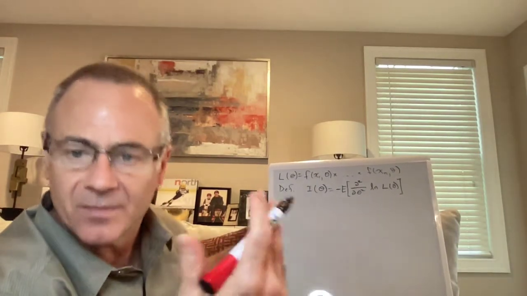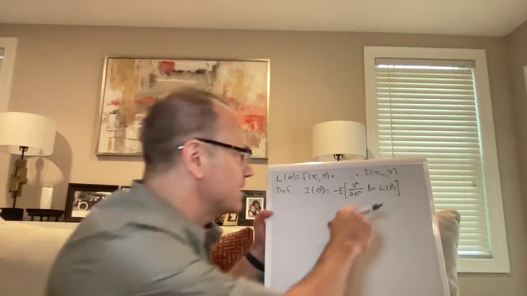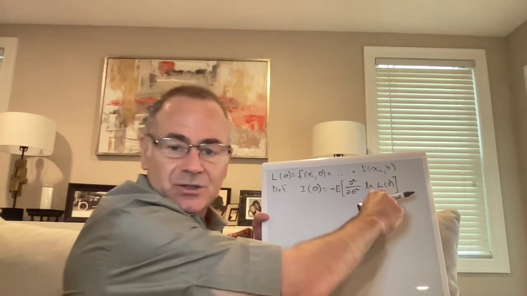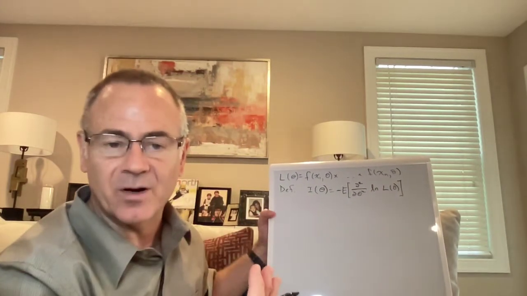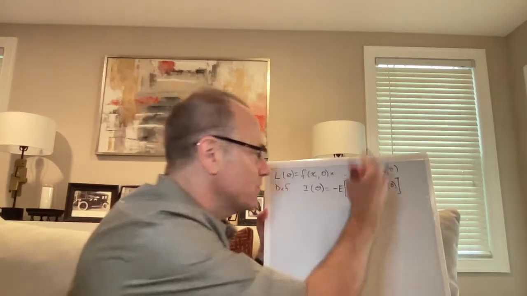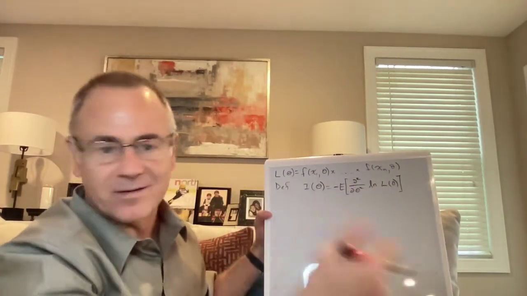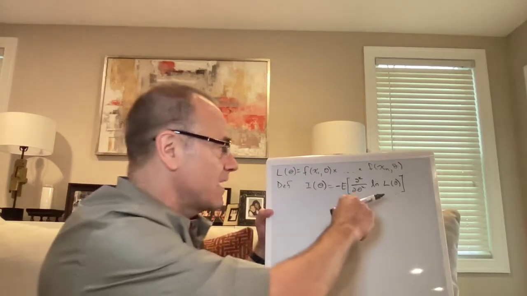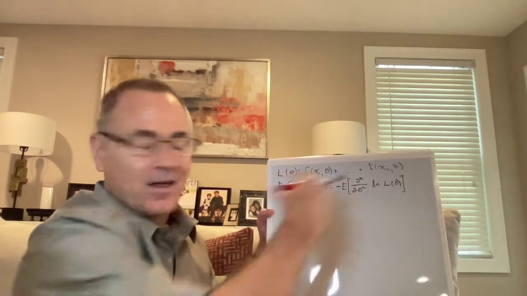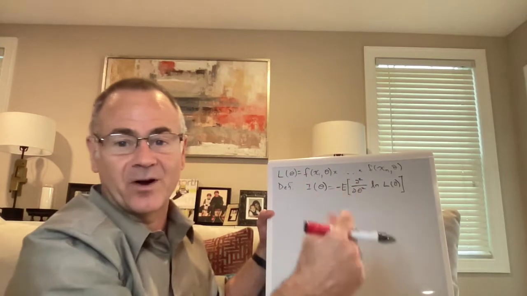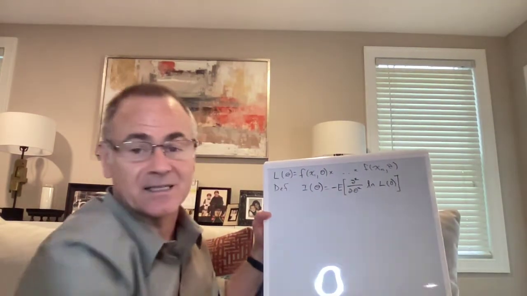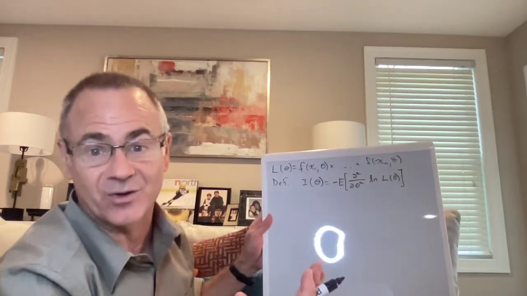Now, the important thing, remember that this L of theta, as I just told you, is a random variable. So if we take some sort of transformation of it, like the log, or take some sort of operation on that, like the second derivative, all of that stuff is still a random variable, so for that reason, it makes sense to talk about the expected value of it.